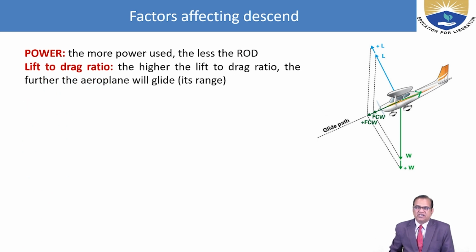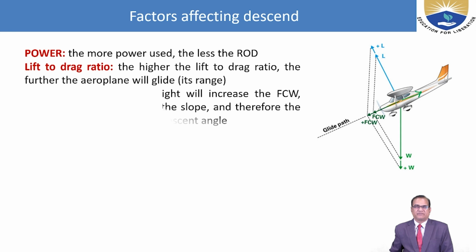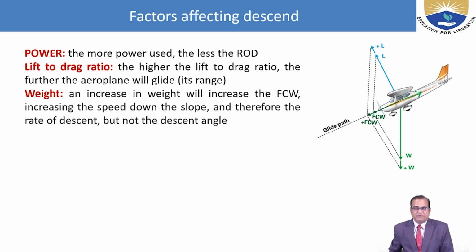Lift to drag ratio is an efficiency. The higher the lift to drag ratio, the further the airplane will glide, meaning the range will be high. Weight is also a very important parameter.